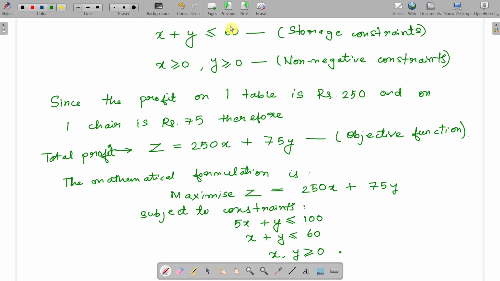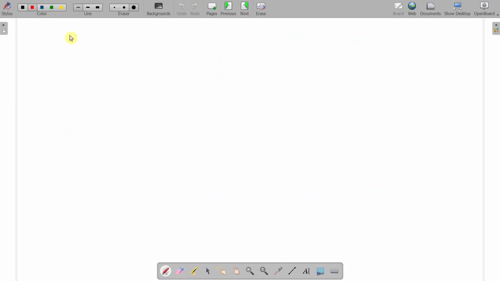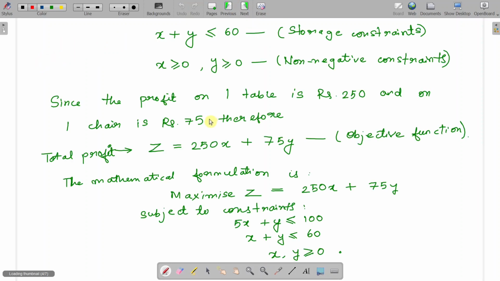Okay, now let us define what is called the linear programming problem. So a linear programming problem is basically a problem containing linear functions.